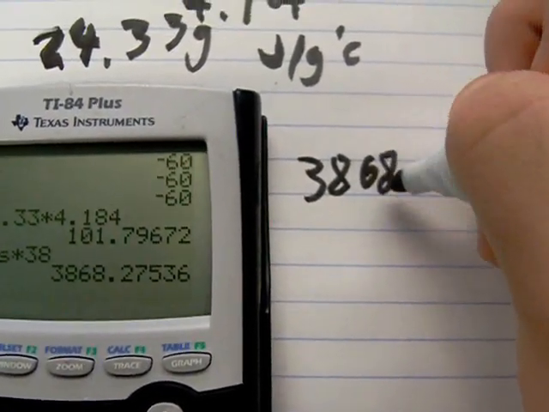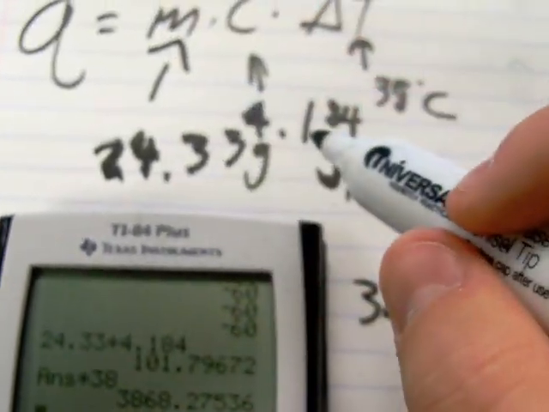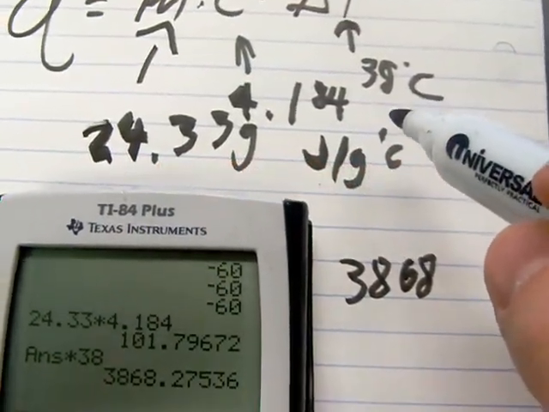We cannot use any of these because of significant figures. And we can only have 4 significant figures in this equation.